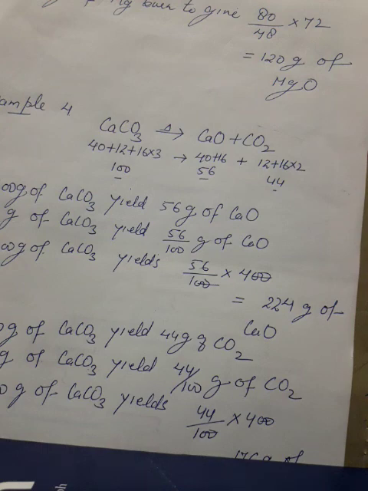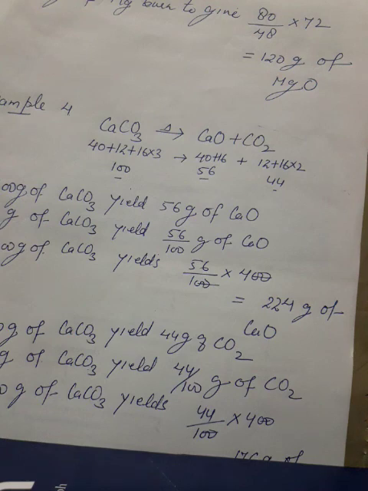Therefore, 1 gram of calcium carbonate will decompose to give 56 upon 100 gram of calcium oxide, and when 400 gram of calcium carbonate is heated, it will produce 56 upon 100 into 400. After calculation, we will get 224 gram of calcium oxide.